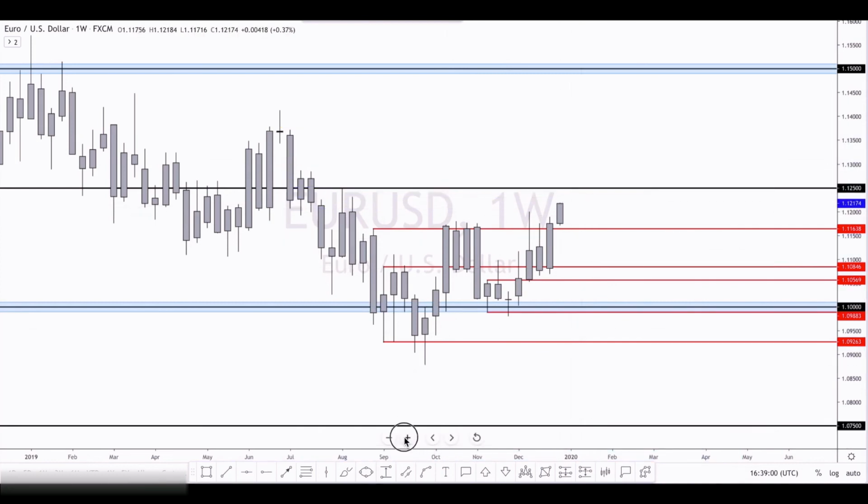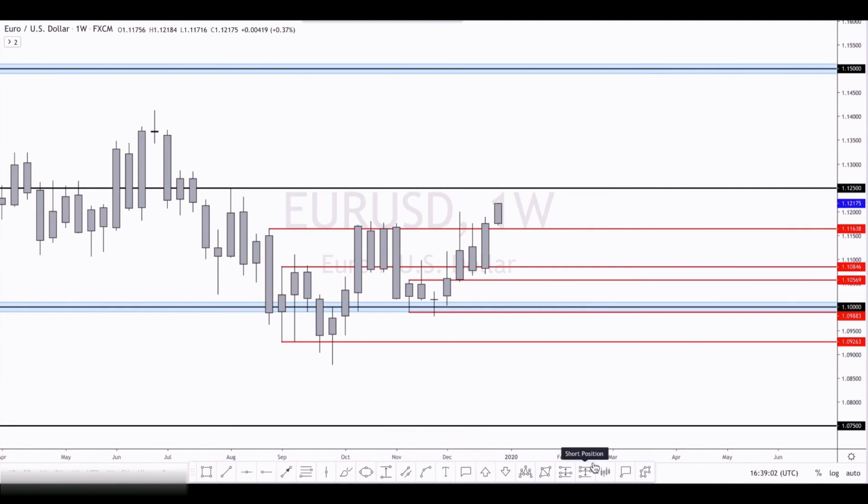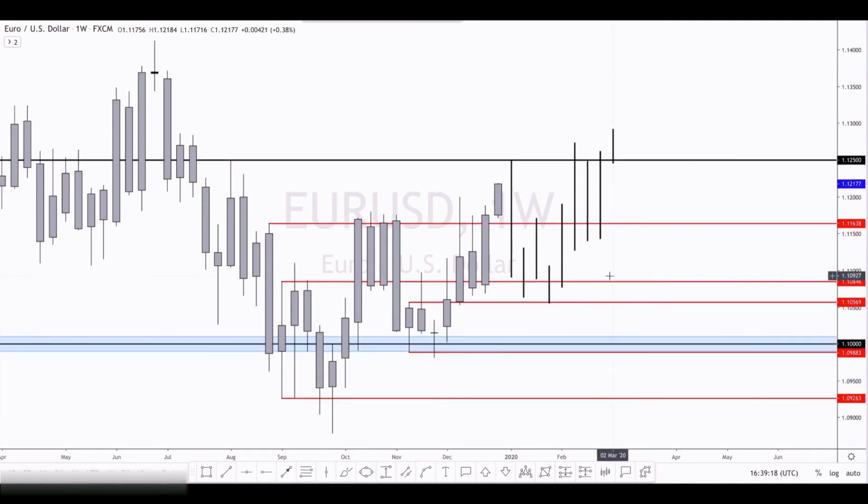So you can see the way structure is now playing out. So we've had A, B, C. So we might see, for example, price get up to that 1.125, pull back down into this 1.10569, and then create another pullback up.